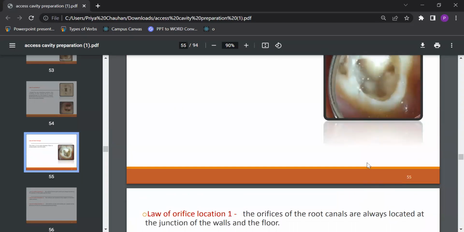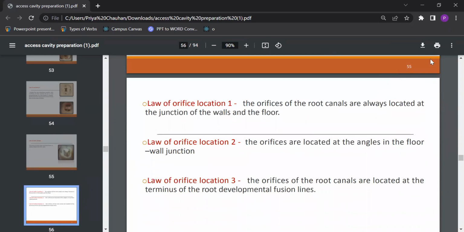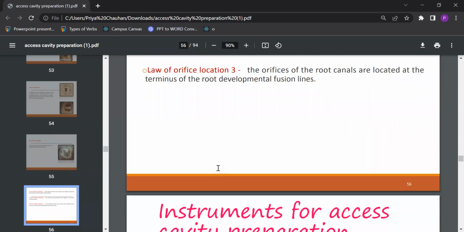Next one is law of orifice location 2. The orifices are located at the angles in the floor and wall junction. Next one is law of orifice location 3. The orifices of the root canal are located at the terminus of the root developmental fusion lines.